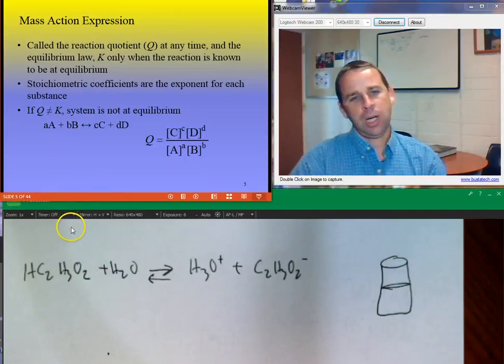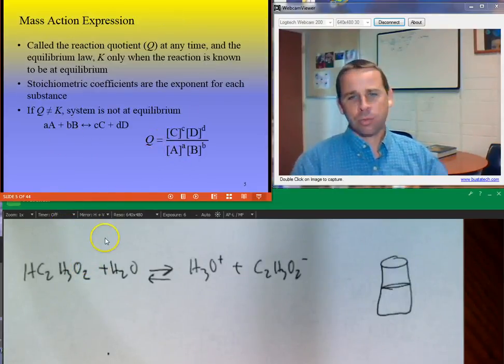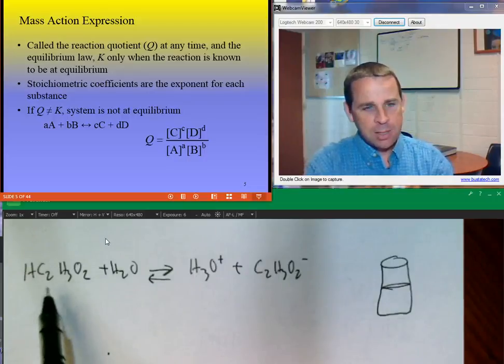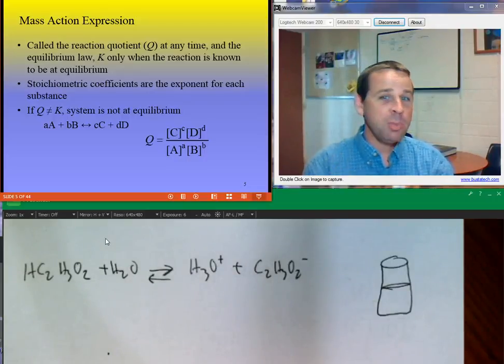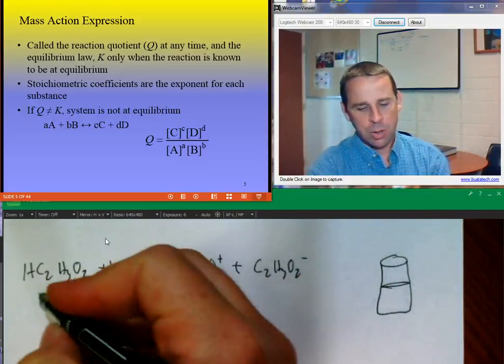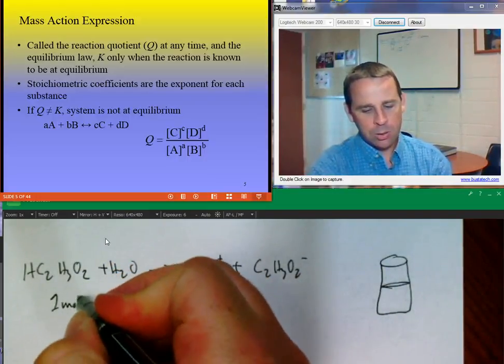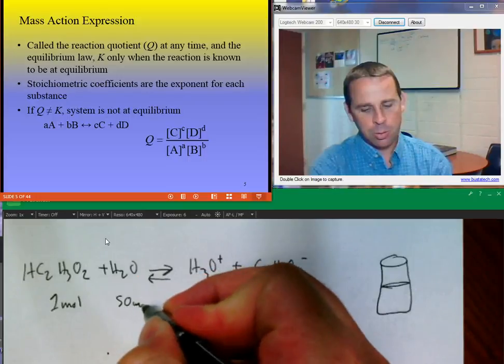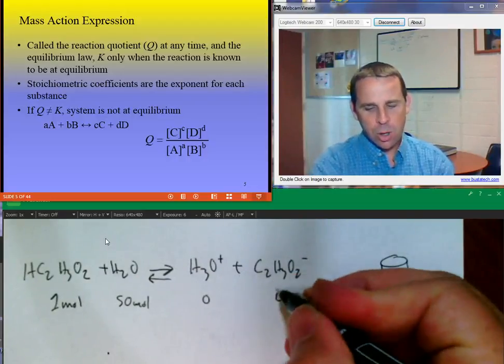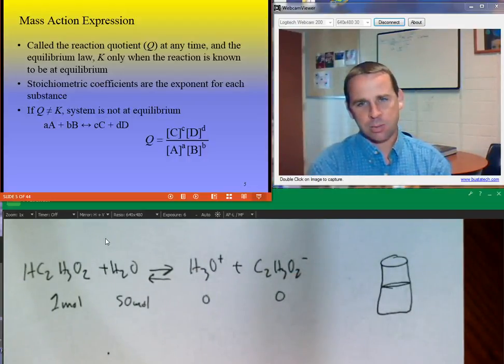So Q refers to the quotient at any given moment. So if, for example, I say, okay, I'm going to put this in, and I'm going to put this in, and right at the beginning, I want to know what the quotient is for this reaction. Well, if I put in 1 mole of this and 50 moles of this, for example, initially there's no moles of these components, right?